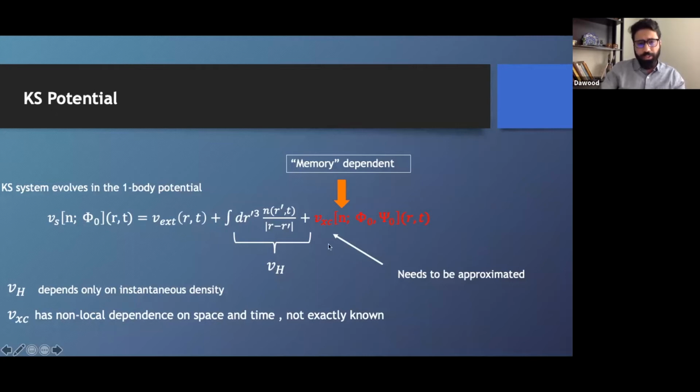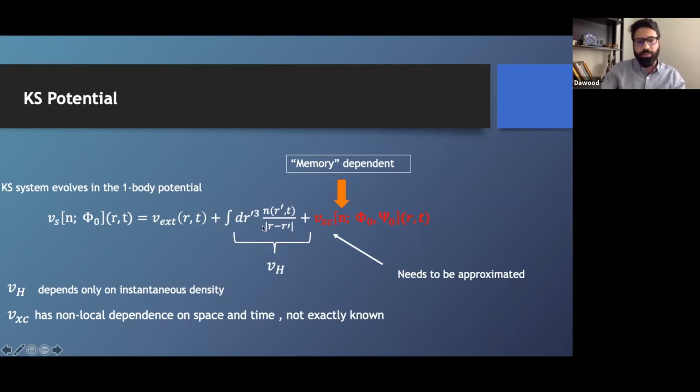Furthermore, it also depends on the history of the density, which is referred to as the memory dependence, and it consequently leads to a highly complicated functional, which has a functional dependence on space and time in a non-local way.